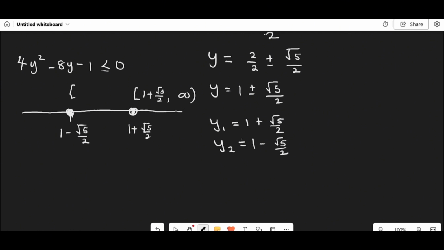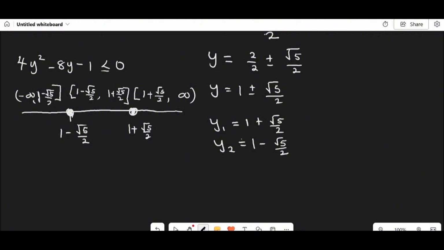We use square brackets too: 1 minus root 5 all over 2, comma, 1 plus root 5 all over 2. This region also will be from negative infinity to 1 minus root 5 all over 2.